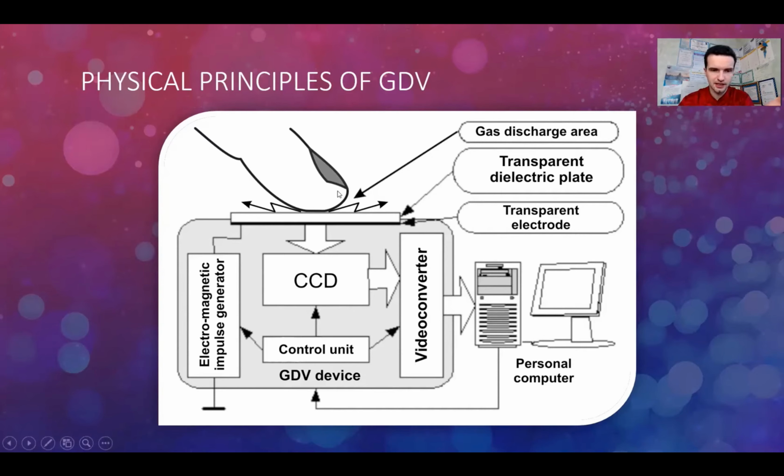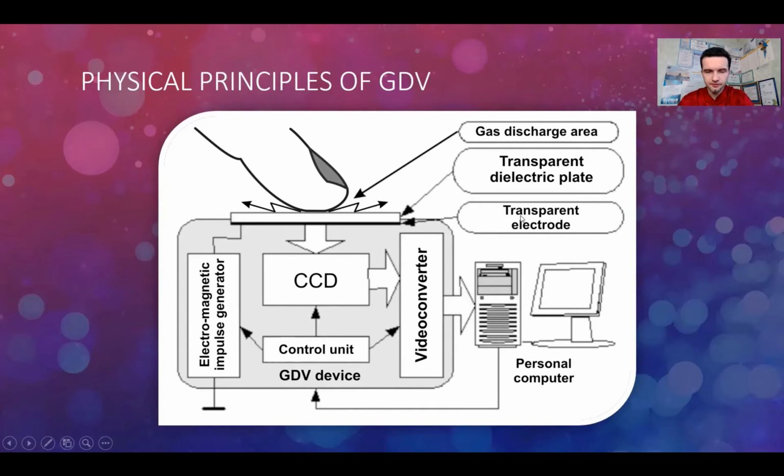Well, in this case it is a finger, but it can be any other conductive object, a metal cylinder, or a calibrator too. There is a glass electrode, a transparent dielectric plate, and on the bottom surface of the dielectric plate, you can see here the black line, underneath it is the transparent electrode.